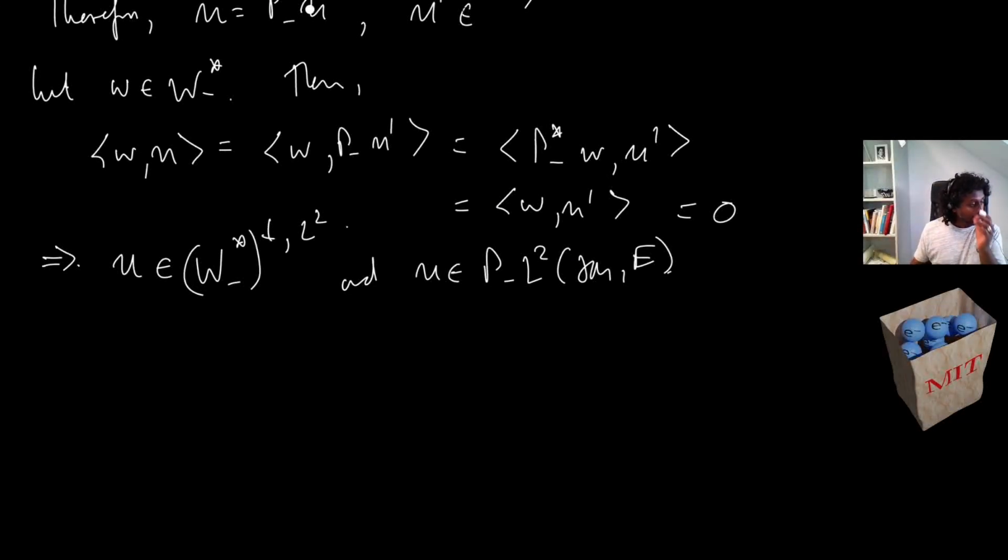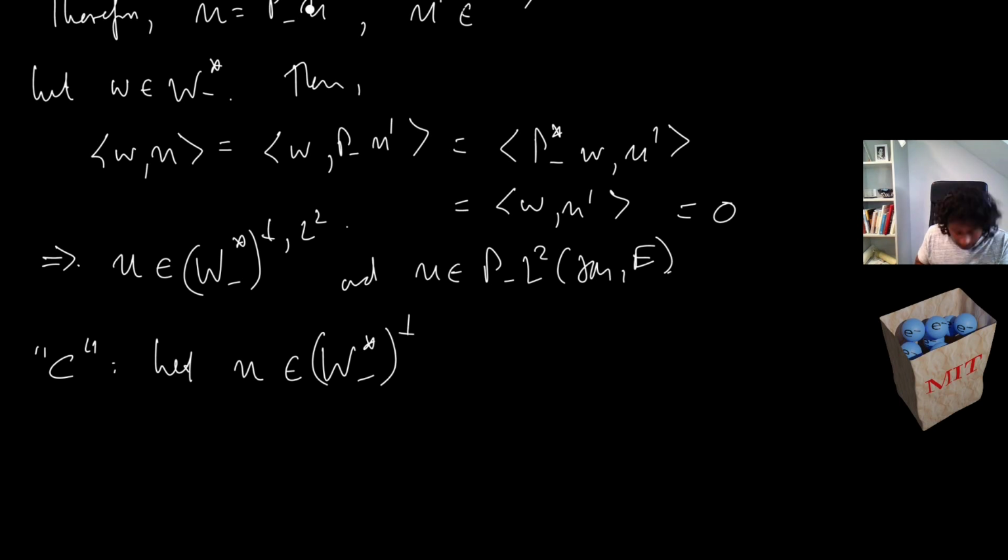Okay, so for the other containment, sorry, I'm only going to take a few more minutes. I'm almost done. So for the other containment, let U now be in W minus star perp L2 intersect this P minus L2 space.